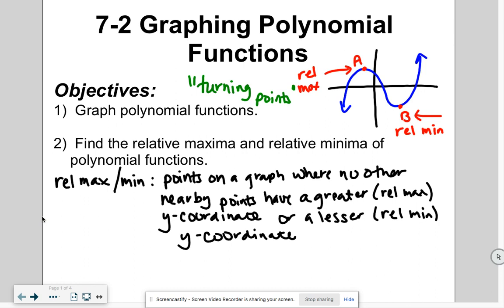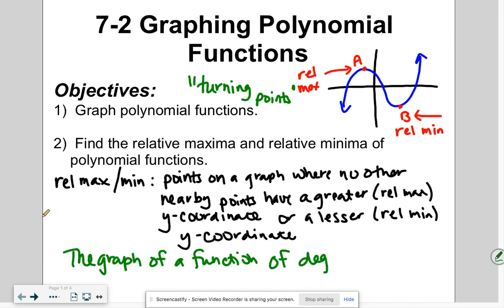So the degree and the turning points have a relationship that I'll write in green here. The graph of a function of degree n has at most n minus 1 turning points.